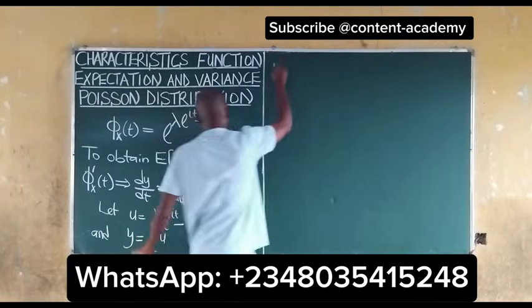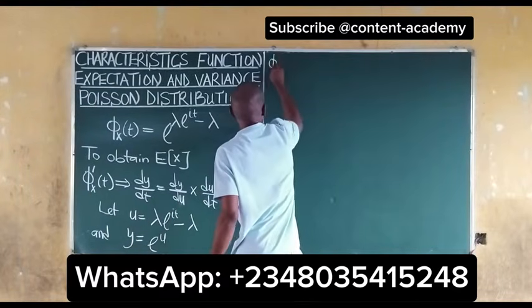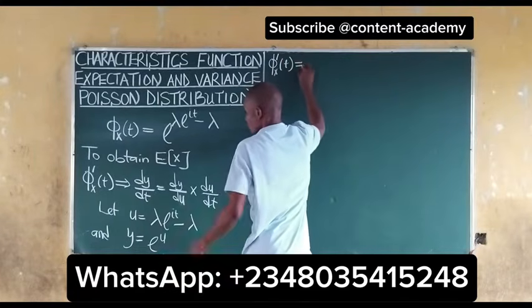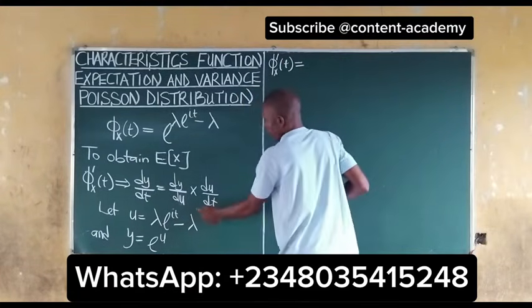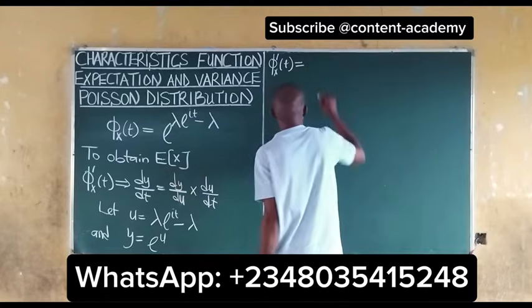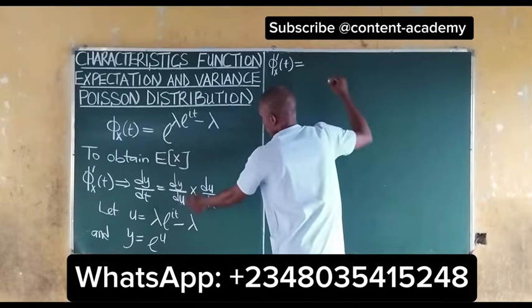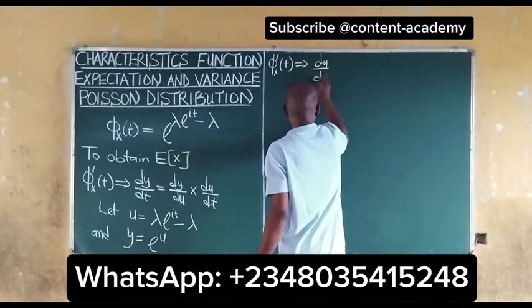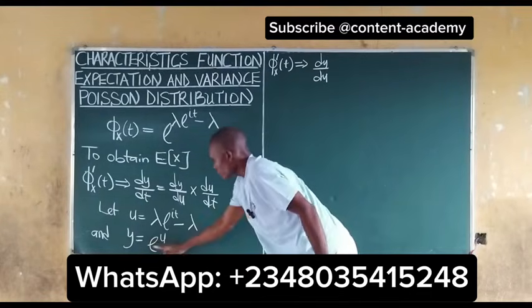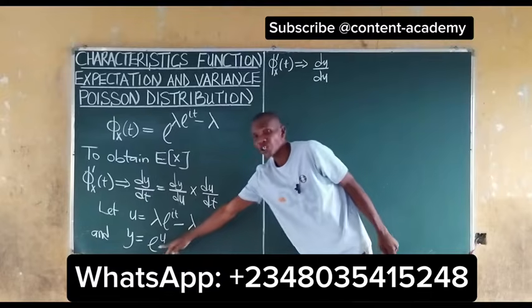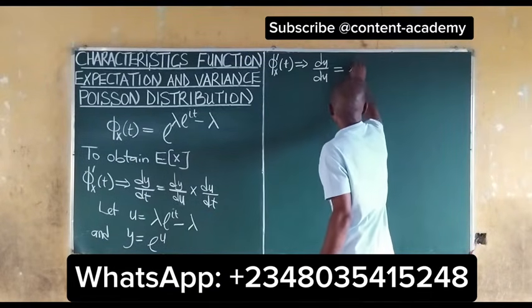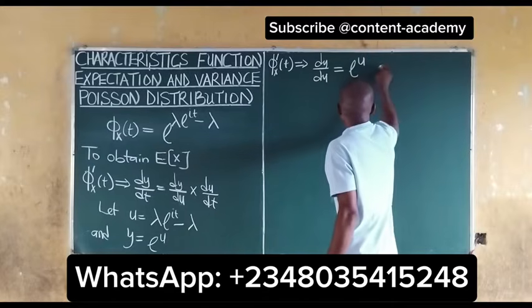So for our first derivative, we first find dy/du. If you differentiate an exponential function, you still get that same function, so dy/du gives us exponential u.